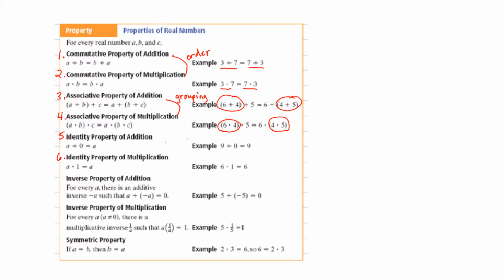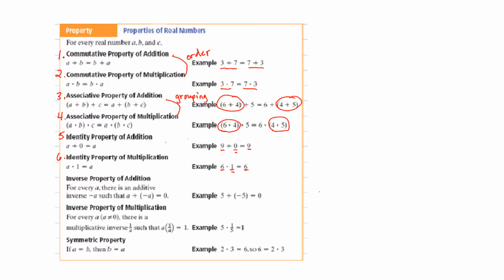So our identity property is like 9 plus the identity 0 gets us back to 9. The identity for multiplication is 1, since anytime I multiply a number by 1, I get it back. So if I have 6 and multiply it by the multiplicative identity 1, 6 times 1, I get the 6 back.